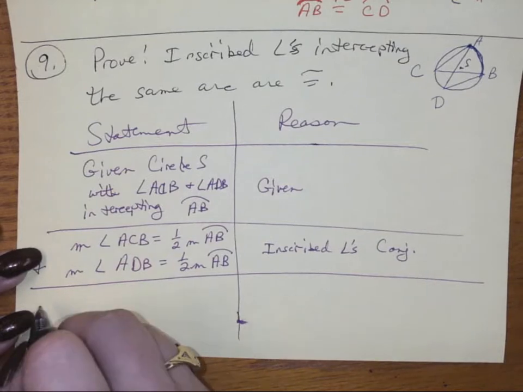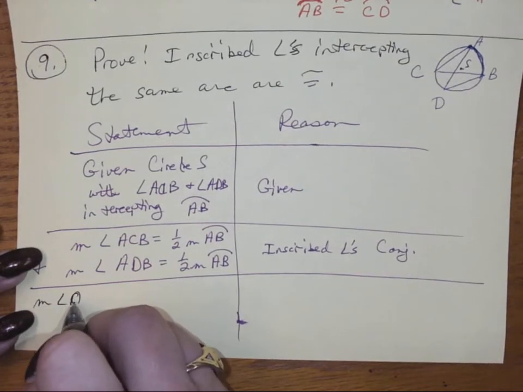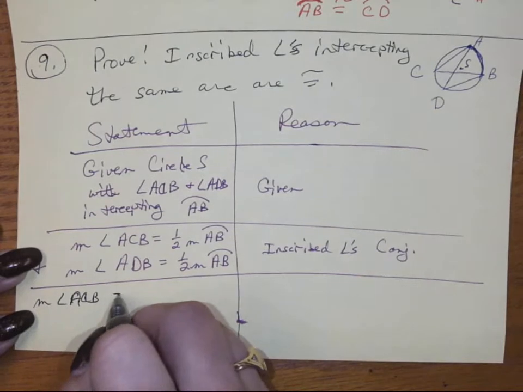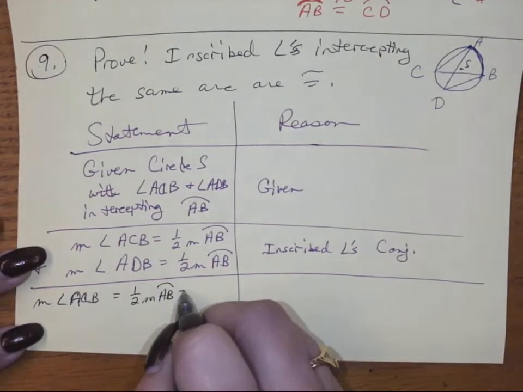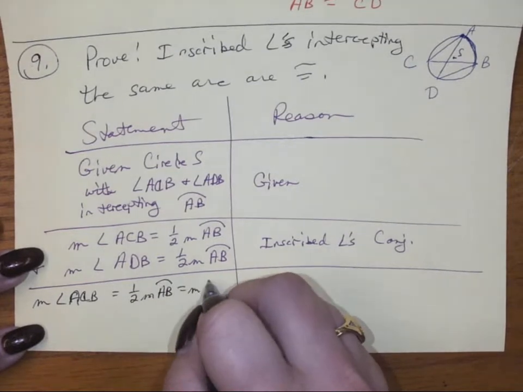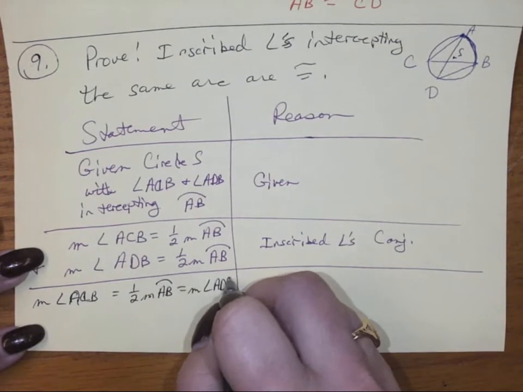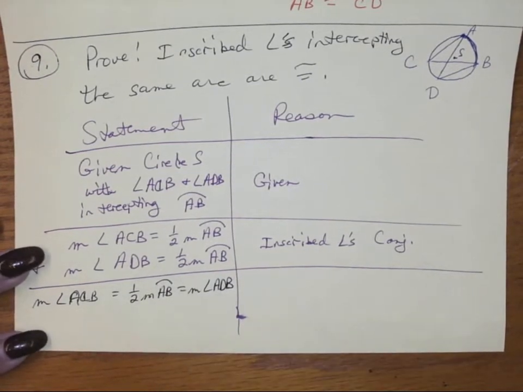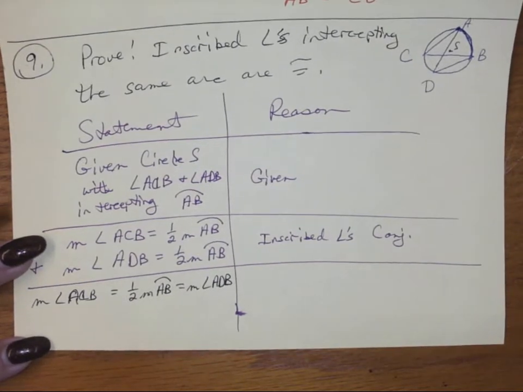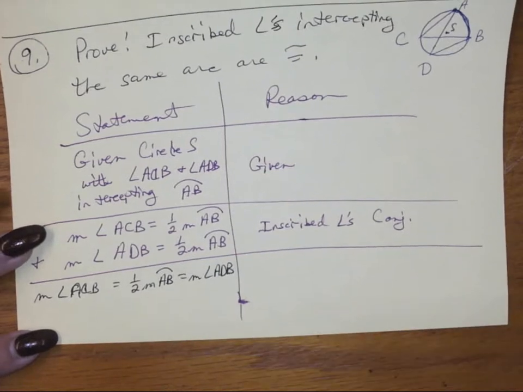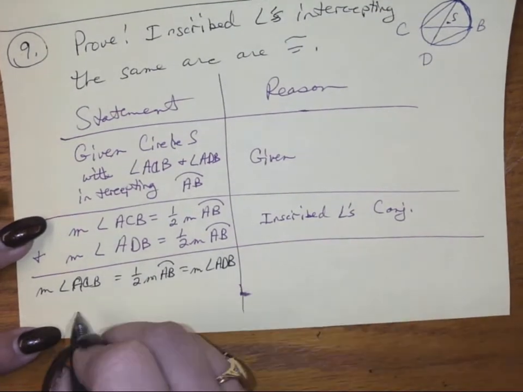Okay, so now I've got the measure of angle ACB, equal to each other, is 1/2 the measure of arc AB, which is equal to the measure of angle ADB, right? Just setting them all congruent to one another. And then you could call that substitution or whatever.